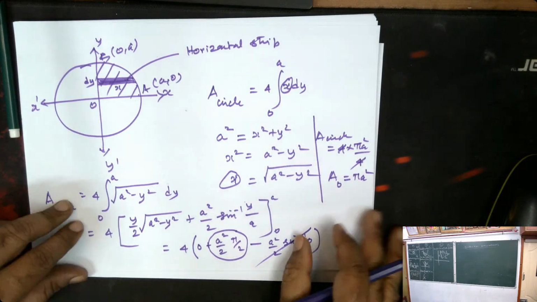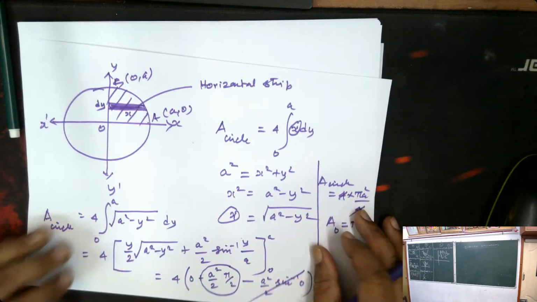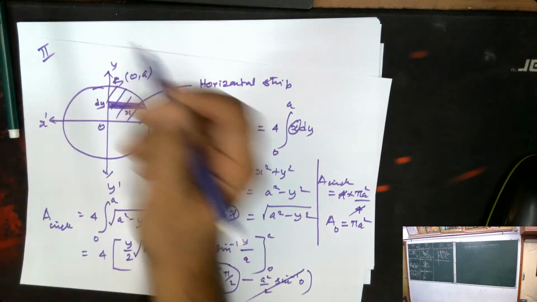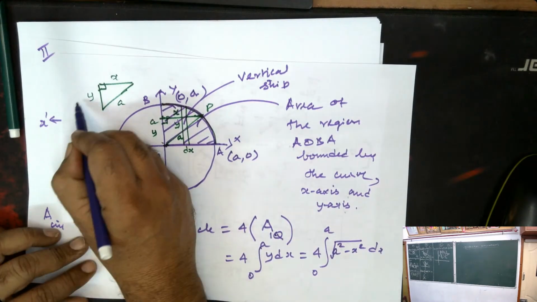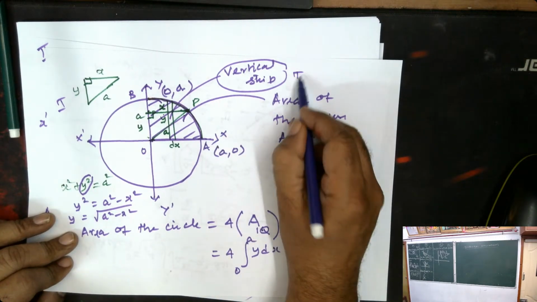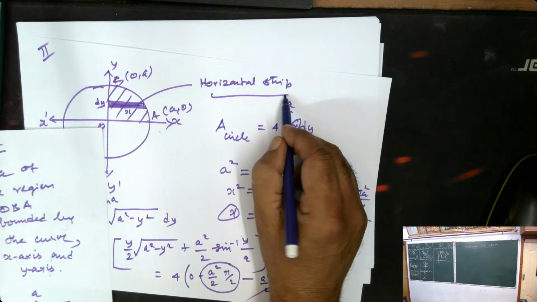Okay. So let me summarize. In the first case, this is method 1 and this is method 2. So what is this method called? Vertical strip method. And what about this? Horizontal strip method.